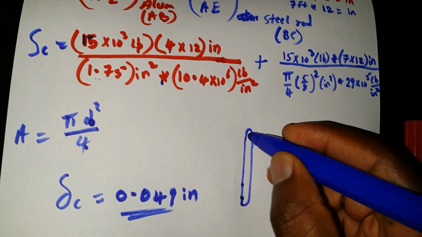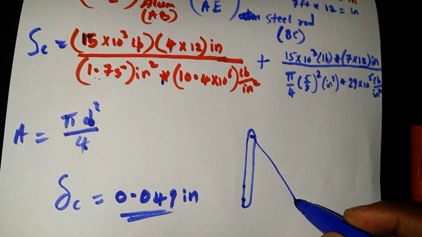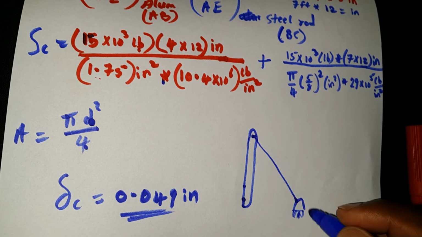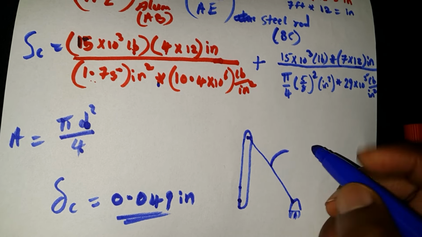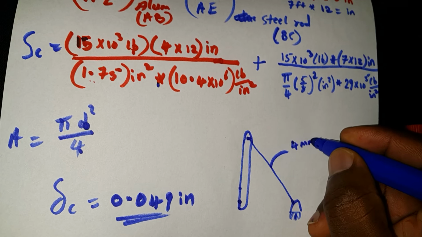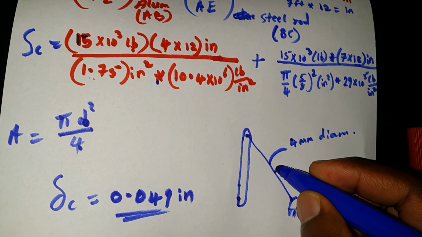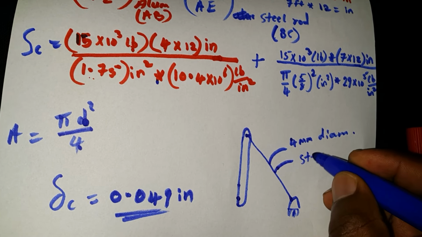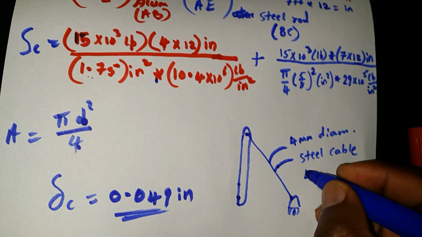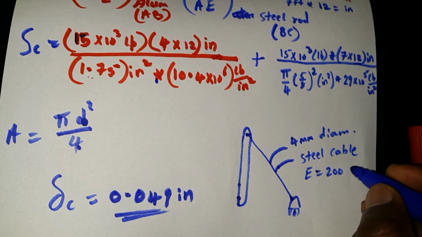Here, we have a cable, and the cable is fixed here, and the diameter of the cable, let's say the diameter is 4 mm, and it's a steel cable, where the Young modulus of the cable is said to be 200 gigapascal.